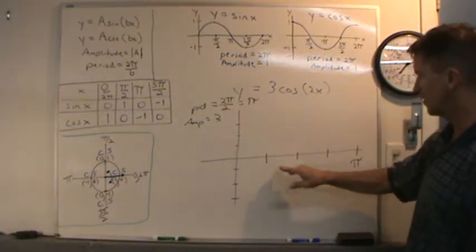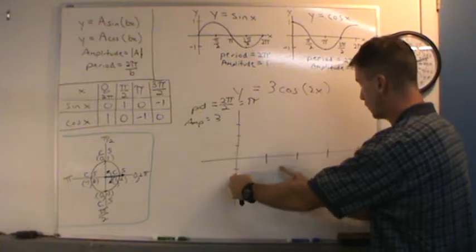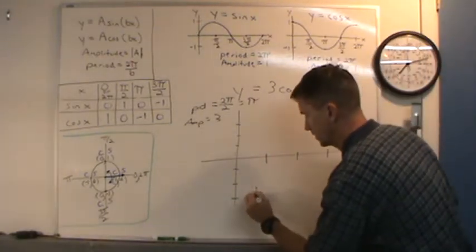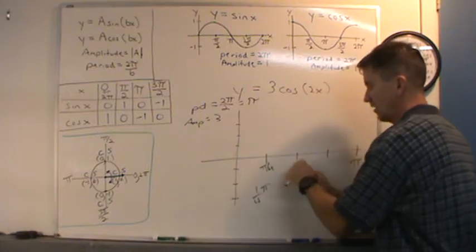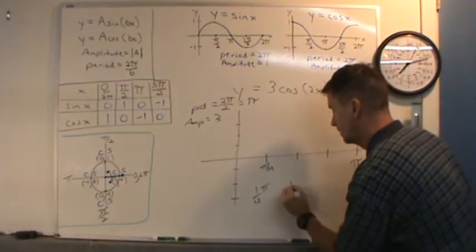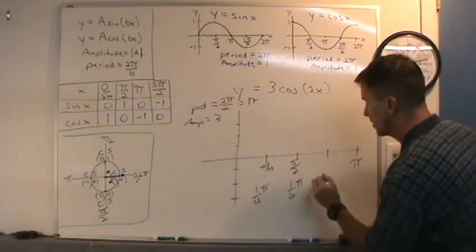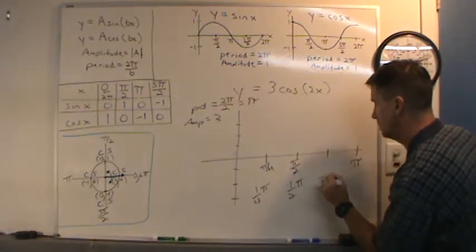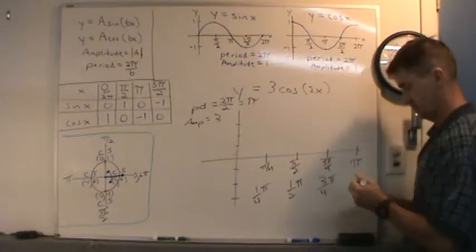Alright, this time I'll do all the values first and then I'll sketch it. So this will be 1/4 of pi, and everyone 1/4 of pi is just pi over 4. This will be right here 1/2 of pi, pi over 2. This will be 3/4 times pi, 3 pi over 4. And there's 4/4 of pi, which is pi.